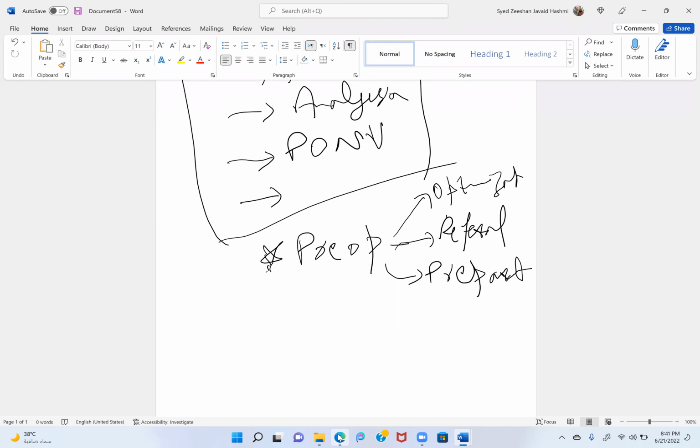Referral, that you need involvement of any other specialty. Like if in the exam scenario, they have given you a patient with hemophilia, or a patient with thalassemia, or a patient with sickle cell disease, so the referral is to a hematologist.